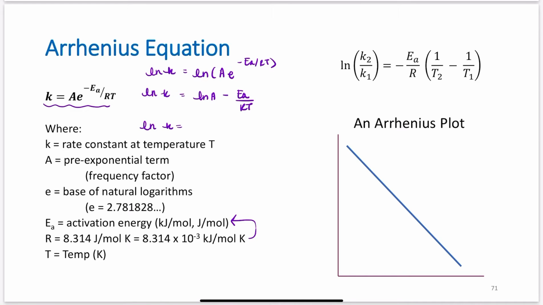Rewrite that: natural log of k is equal to negative E sub A over R, I'm going to pull out T, times 1 over T plus the natural log of A. This gives me the form y equals mx plus b, which allows me to get an Arrhenius plot.